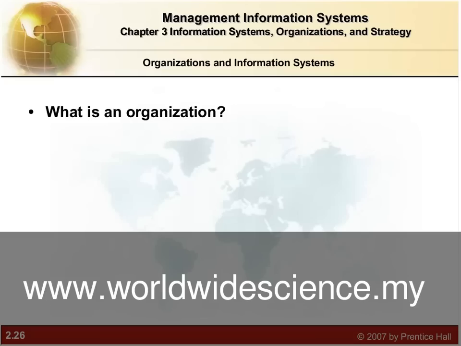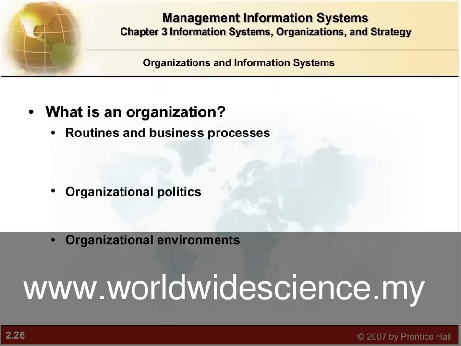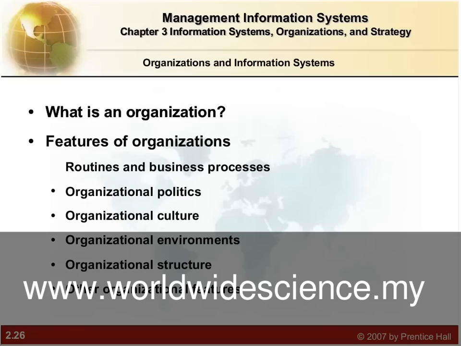In order to relate them, some factors affect this relationship, some mediating factors, as we mentioned: environment, culture, structure, business processes, policies, and management decisions. These are mediating factors in this two-way relationship between organization and information technology.